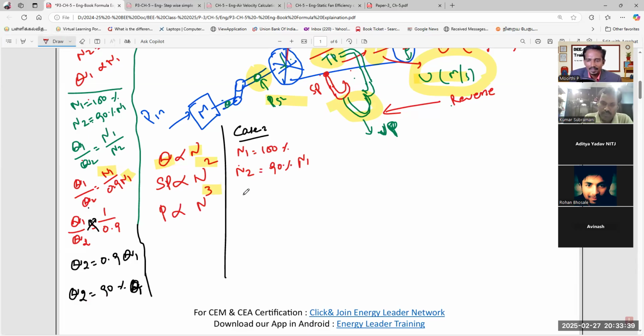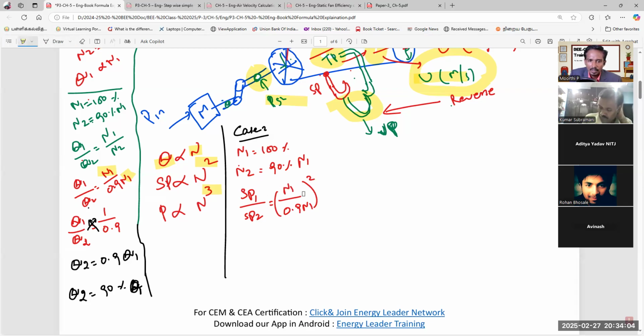Then apply it here. So static pressure SP1 divided by SP2 equal to N1, which is 100%, divided by N2. N2 equal to 0.9 N1, and that is the whole square. Square, na? So you make the whole square. Then you cancel N1. Then the final value.